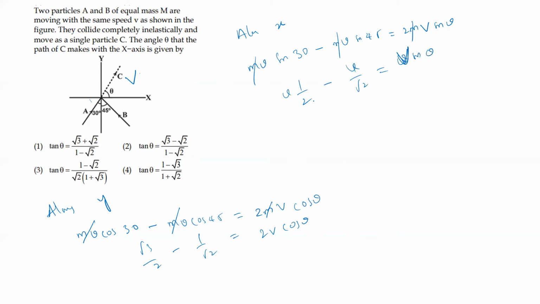This is equation first one, you take it as 1, this is take it 2. Take 2 by 1, you will get tan theta. Then solve it. What do you get as the answer? This you will get. Okay.